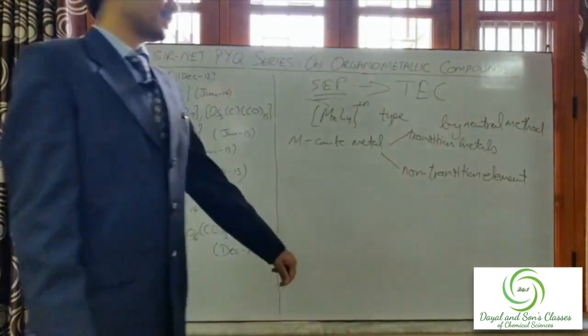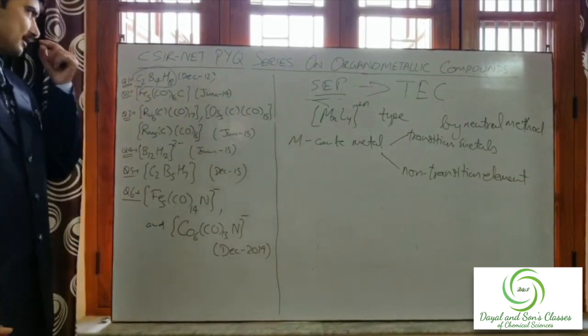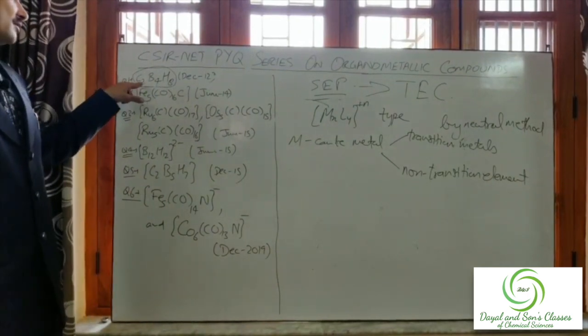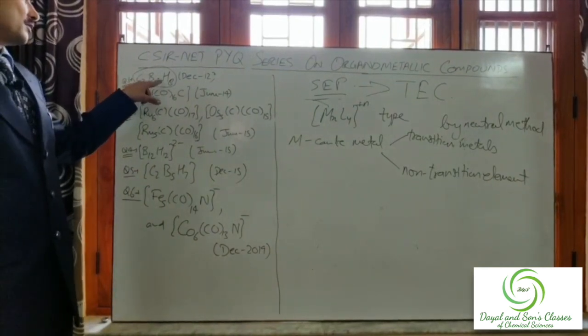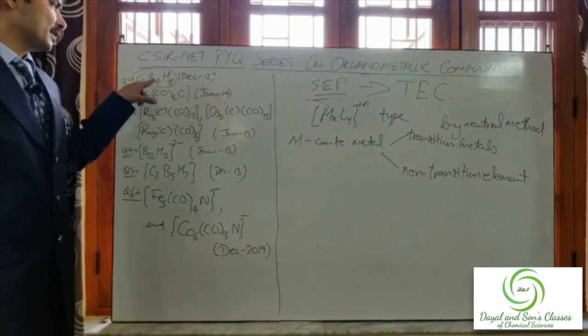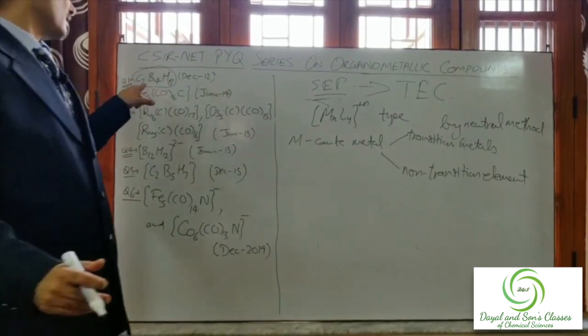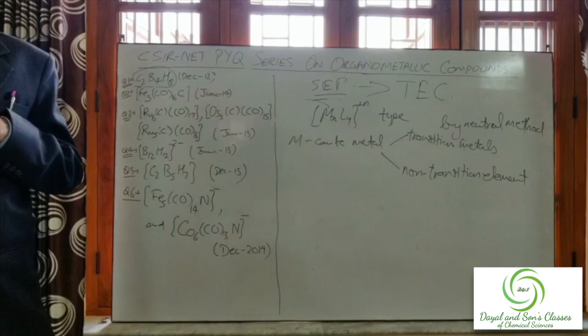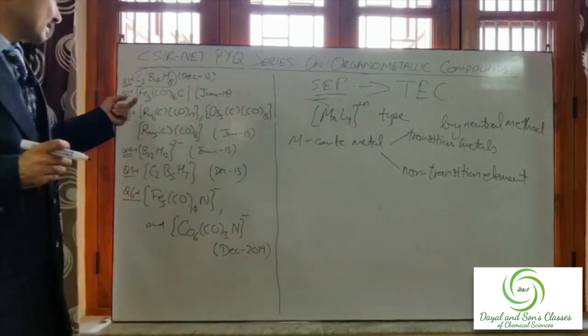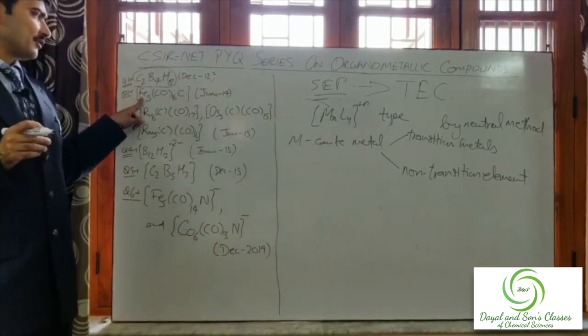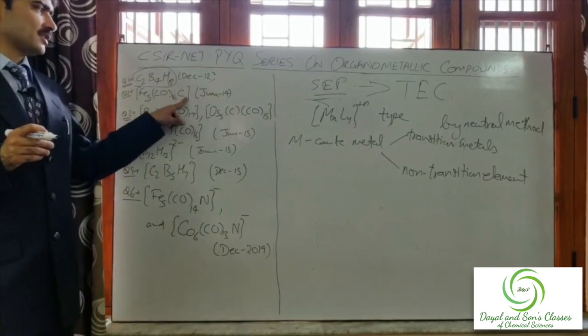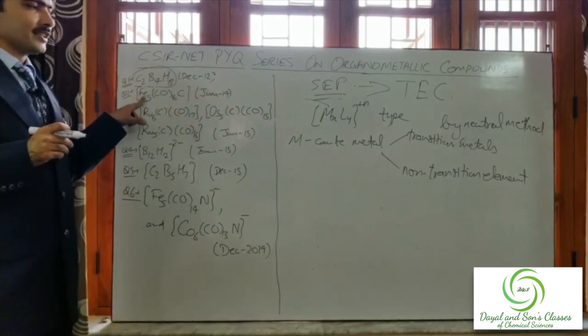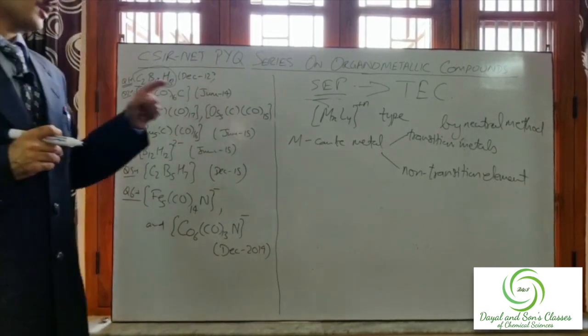It can be a transition metal or a non-transition element. For example, in the first question, which says C2B4H8, carbon and boron are non-transition elements, whereas in the second question, Fe5(CO)16C, iron is a transition metal. Now, how to go about this?